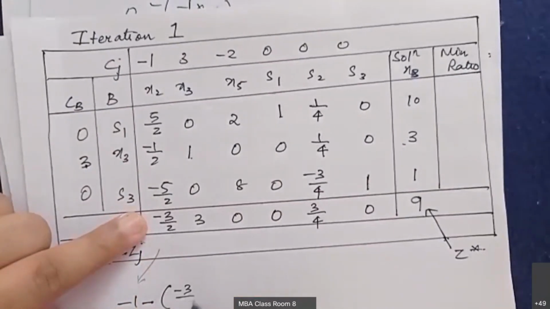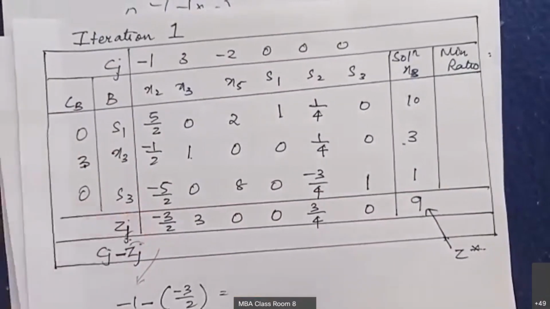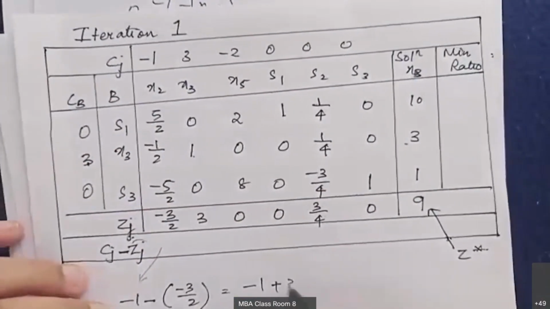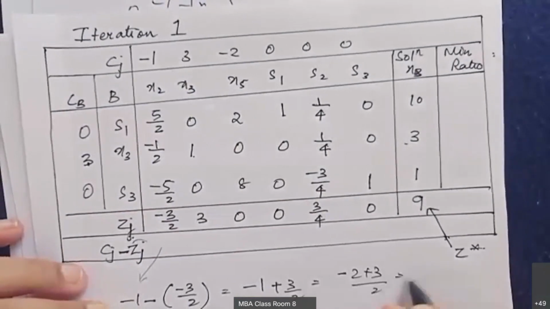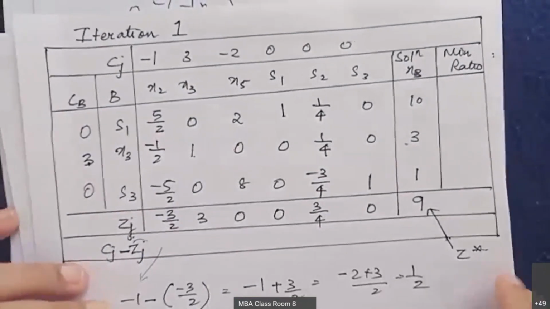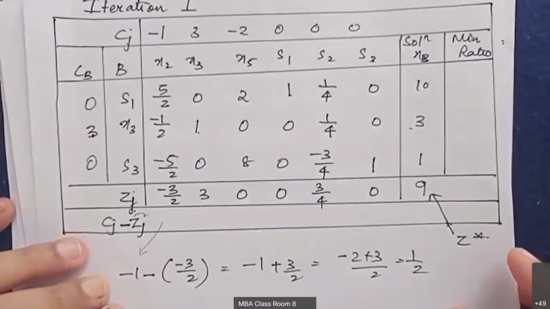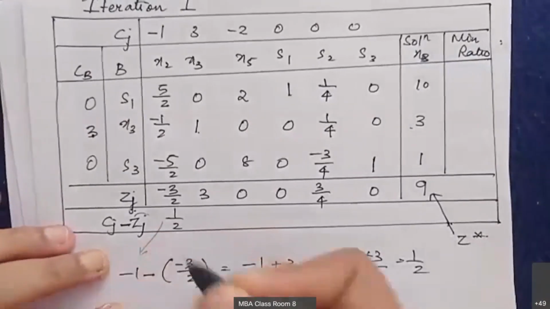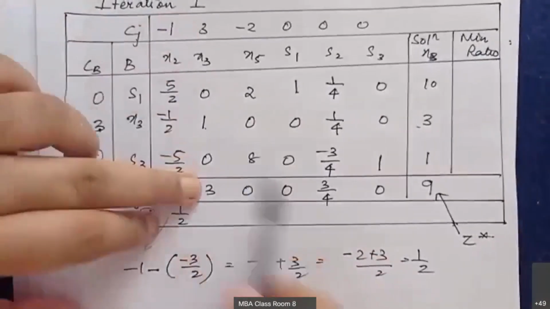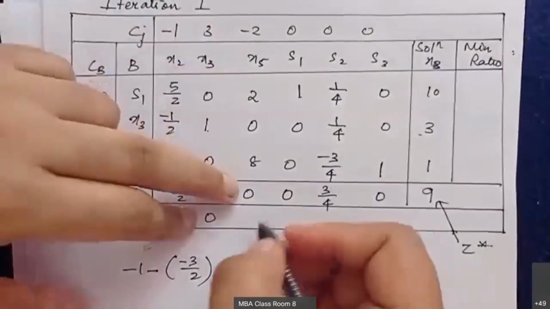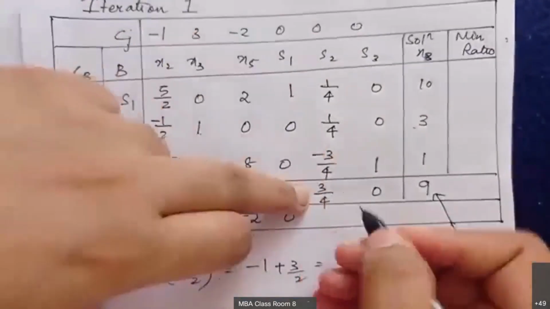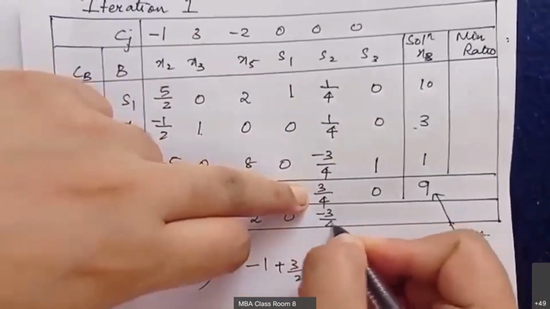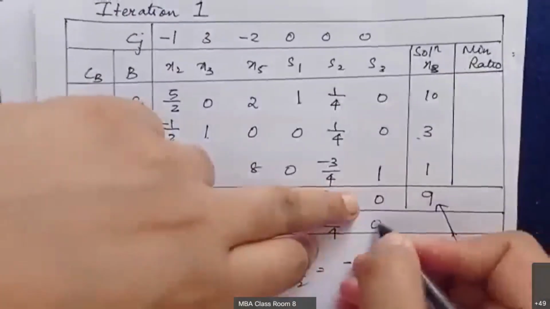So I have minus 3 by 2, which is minus 1 plus 3 by 2, which is minus 2 plus 3 by 2, which is 1 by 2. Is it clear? This is how we get the value here. Next one, 3 minus 3, that is 0, minus 2 minus 0, that is minus 2, 0 minus 0 is 0, 0 minus 3 by 4, it is minus 3 by 4, 0 minus 0 is 0.